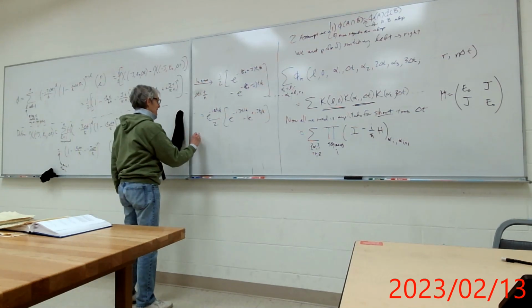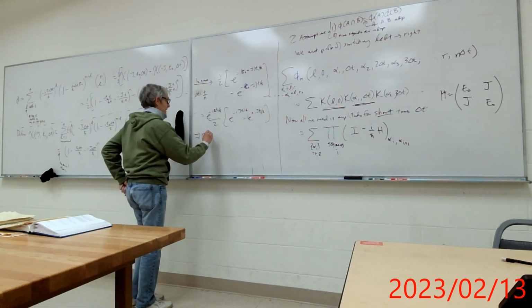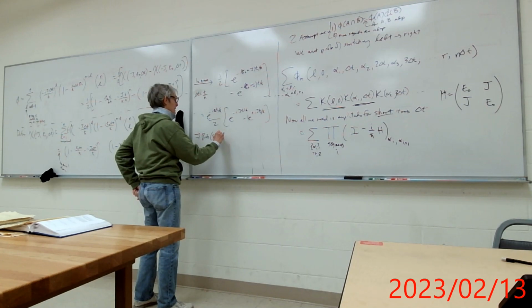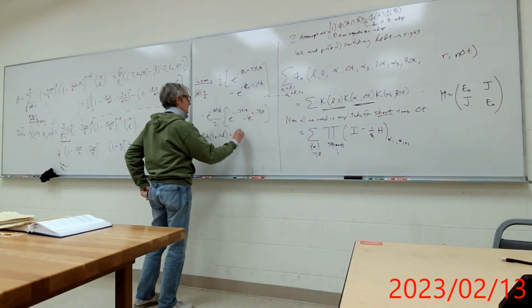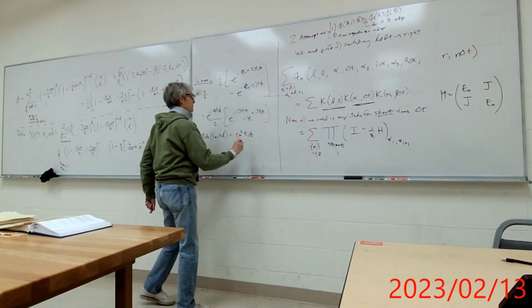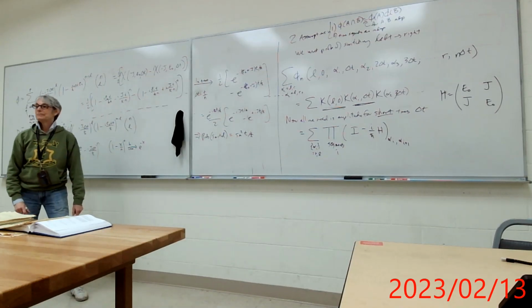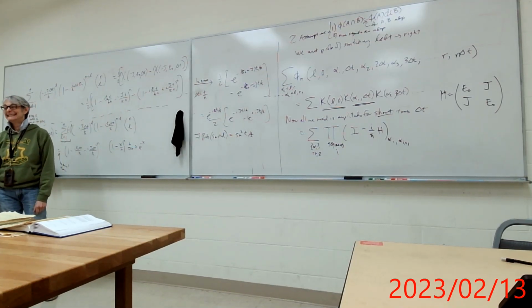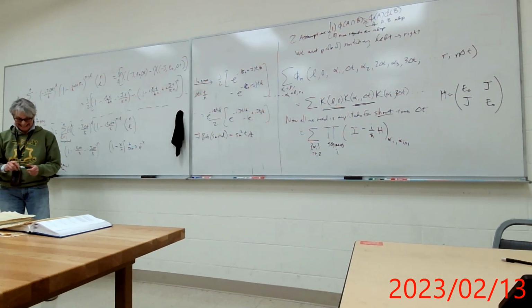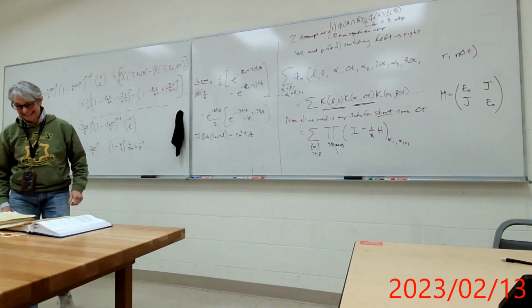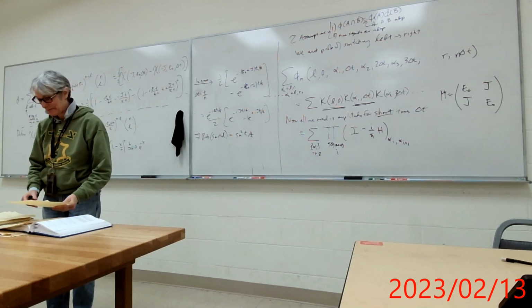So the probability of a switch equals sine squared of t over h bar. Cool, huh? Oh, goodness, I love that.